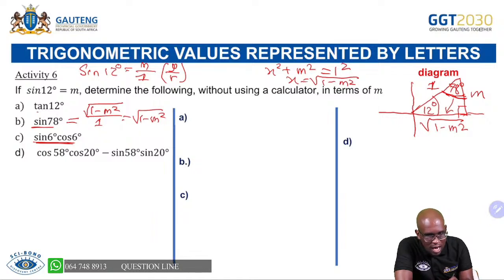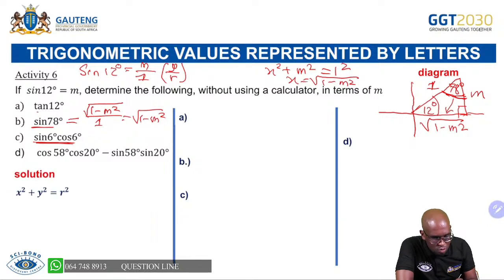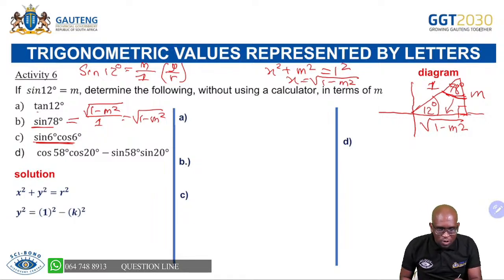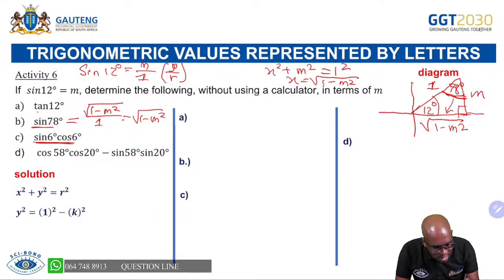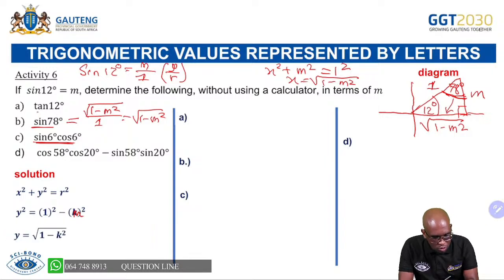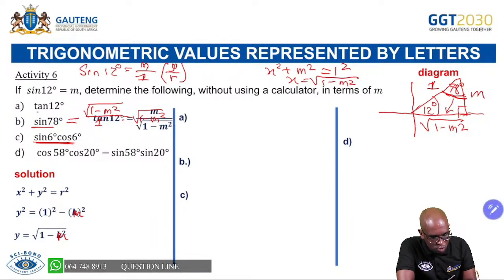Tan 12, tan obviously is opposite over adjacent. I'm starting with determining, here it should be m, not k. So y squared is the square root of 1 minus m squared. I made a mistake there with k. It should be the square root of 1 minus m squared.